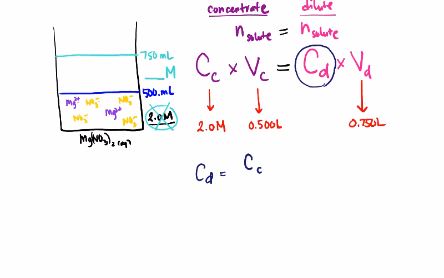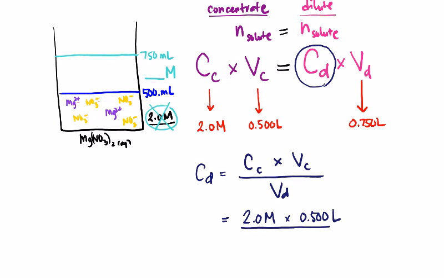So the new concentration, or the concentration of the dilute, is equal to the concentration of the stock solution multiplied by the volume of the stock solution divided by the volume of the dilute solution. Plugging in my numbers, I'm going to have 2.0 molar multiplied by 0.500 liters divided by 0.750 liters.